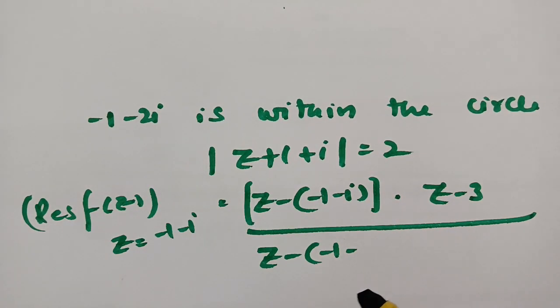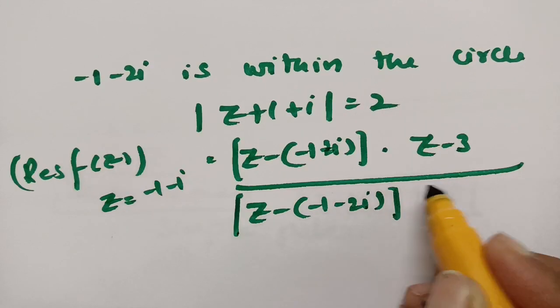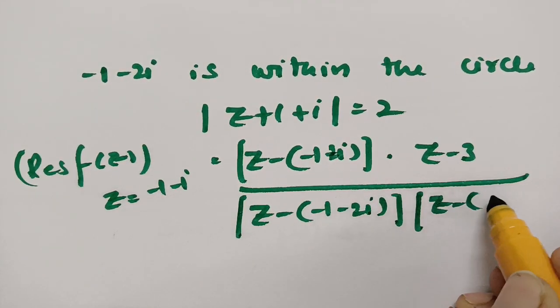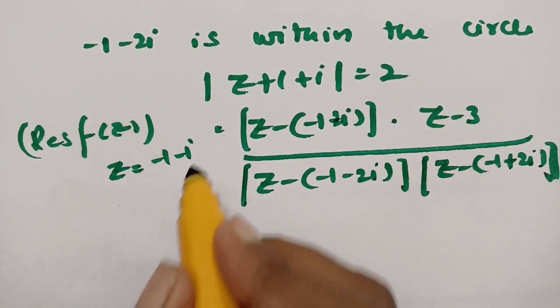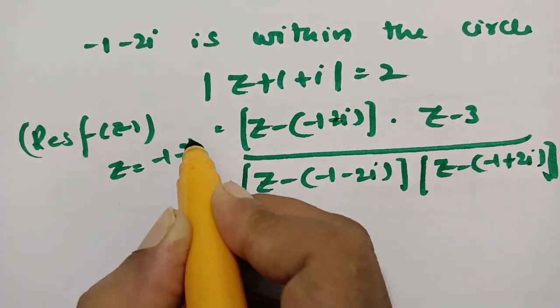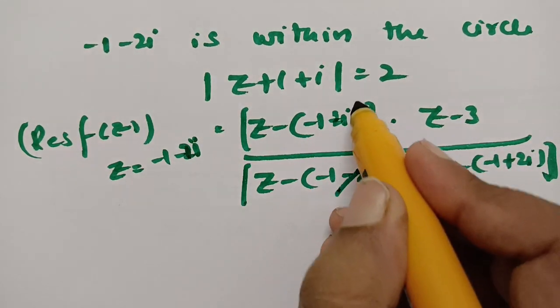So minus 1 minus 2i is one pole, and minus 1 plus 2i is the other pole. Now we have to cancel minus 1 minus 2i with minus 1 minus 2i.